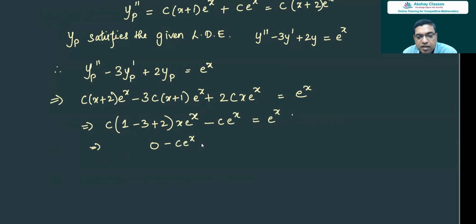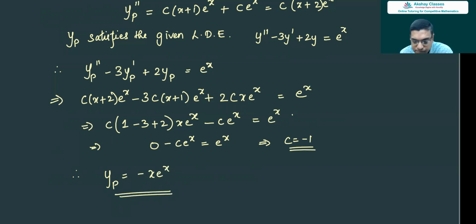Minus c e^x is equal to e^x, so this implies c is equal to minus 1. Therefore y_p, which is c x e^x with c equal to minus 1, is minus x e^x. This is the answer.